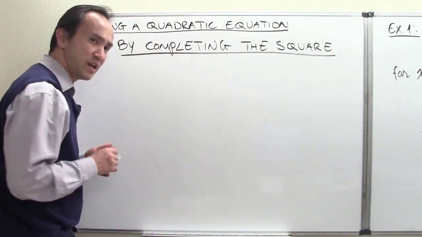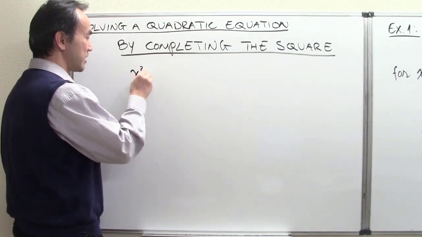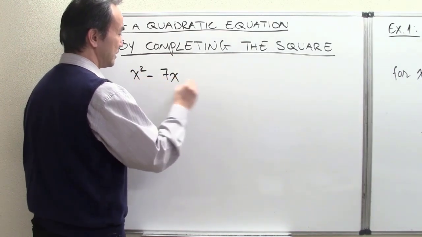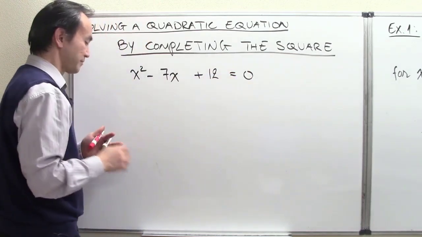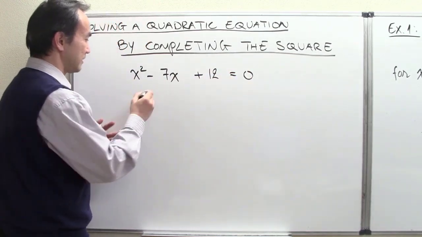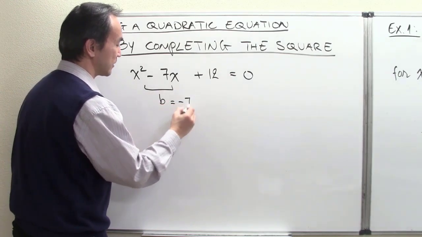Let me give a quick explanation. With our equation being x squared minus 7x plus 12 equals 0, I just need to remind anyone, this is our b value. B equals negative 7.